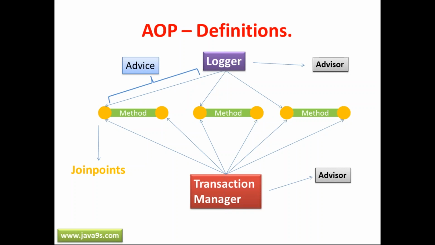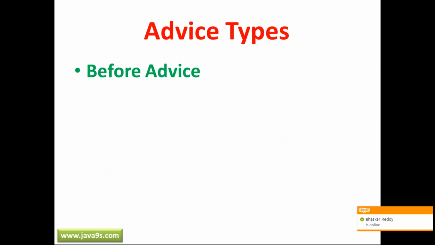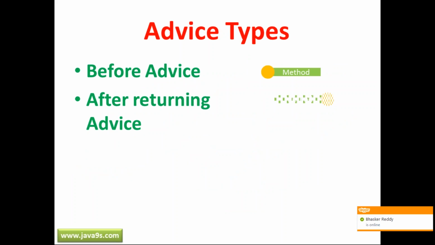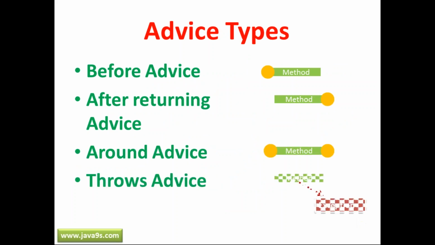And the advice classifications that have been given are the before advice, the after returning advice, the around advice, and the throws advice. We also have another advice called after advice. So basically we have the five advices that are available in AOP, right?